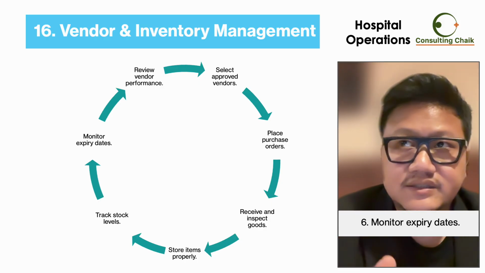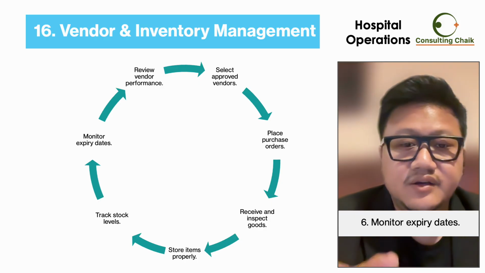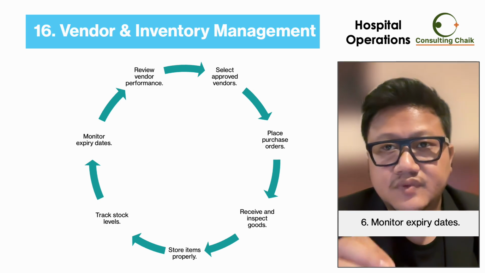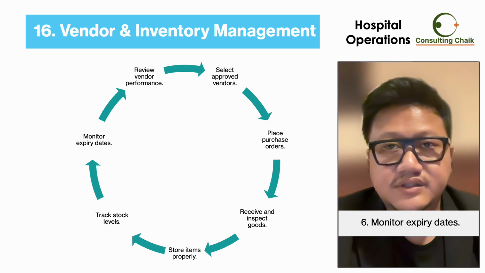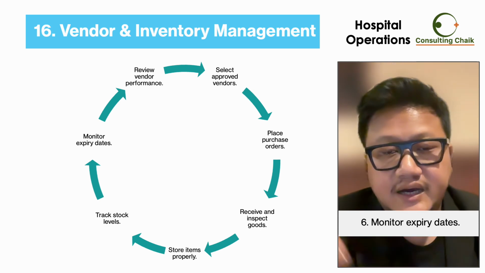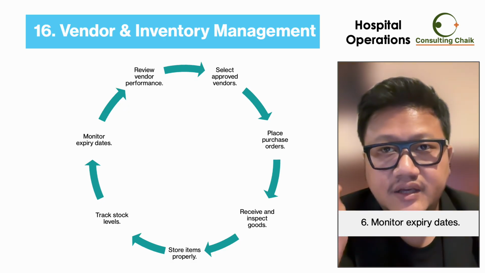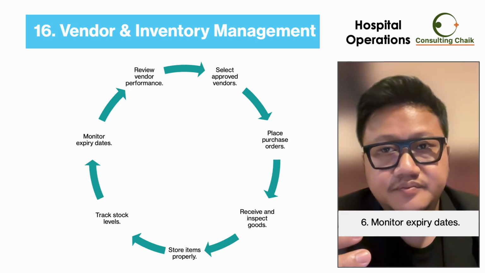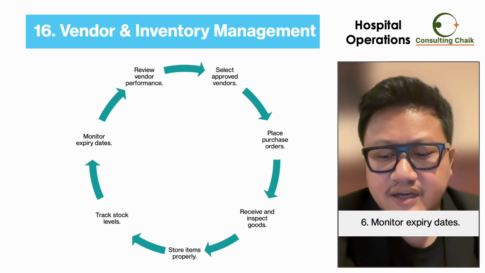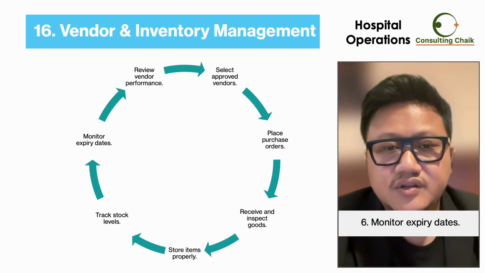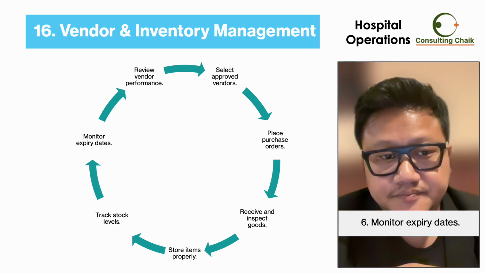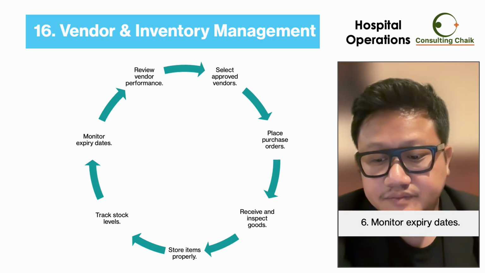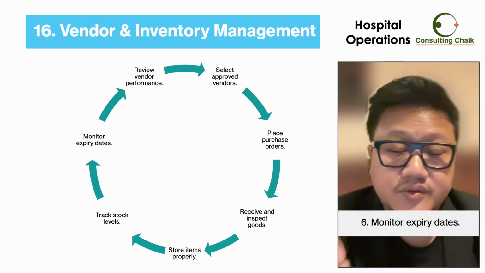These HMIS systems already have a feature where they highlight and notify you that medicines are about to expire. In general, I have seen that 3 months before, they highlight it, and you need to clear the stocks and return them to the supplier. So it is very important.